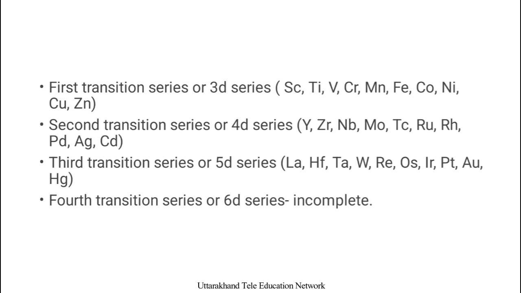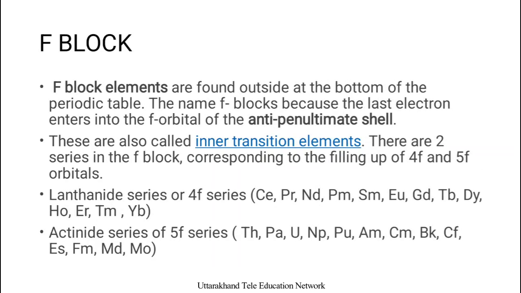Come to another one, the last one, which is F block. F block elements are found outside, at the bottom of the periodic table. The name F block is because the last electron enters into the f orbital of the antepenultimate shell. The 4f orbital is starting here, and these are also called inner transition elements.